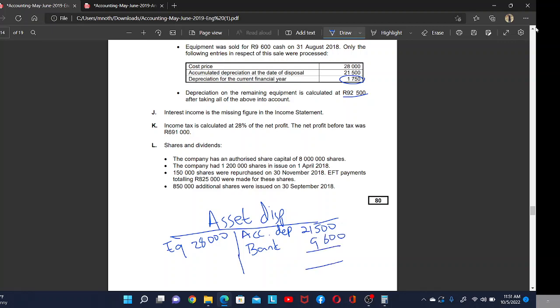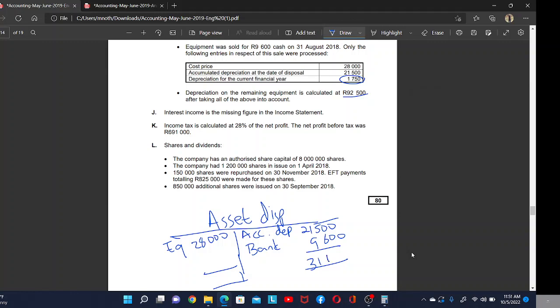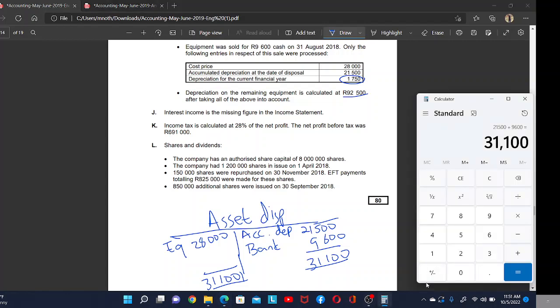Now which side is greater? 21,500 plus 9,600 is 31,100, so the credit side is greater. How much is the difference?